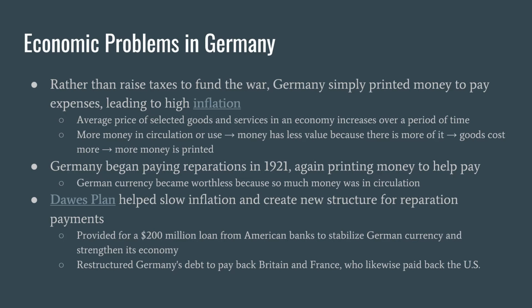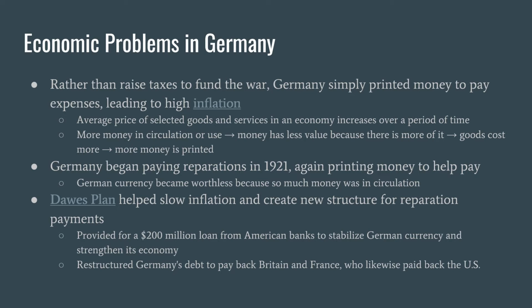Going back to that idea of a loaf of bread, there are pictures of German citizens with wheelbarrows full of money going to the grocery store because German money is basically worthless at this point. There are pictures of German citizens burning that money to start fires in their homes to keep warm, because that is about as worthless as that German money is.